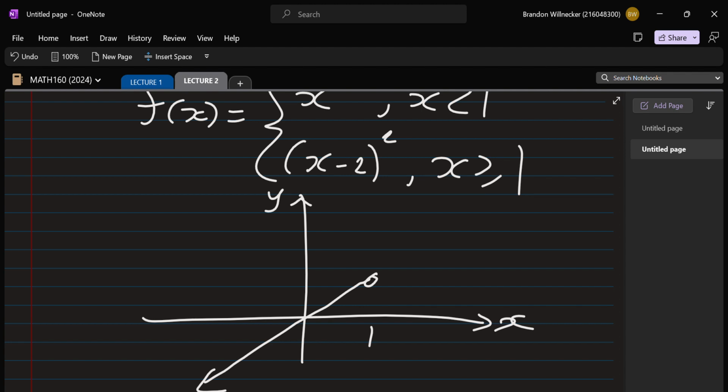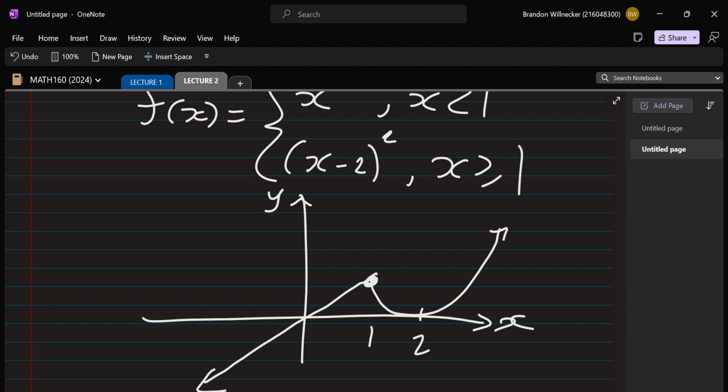Anyone? 1. Good. So at this point, we can put a closed circle now, because this closed circle is for the second part. So they kind of overlap. But overlapping an open circle with the closed circle, we end up with a closed. Okay, and then this will be a parabola, something like that, with the minimum there at 2.